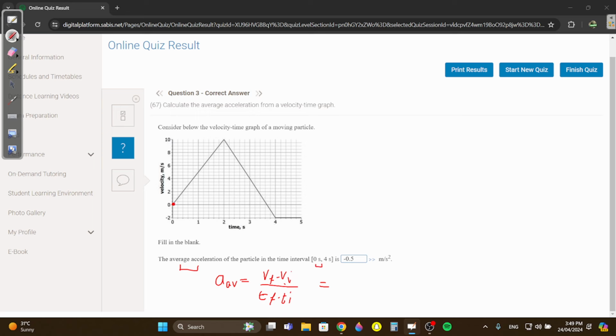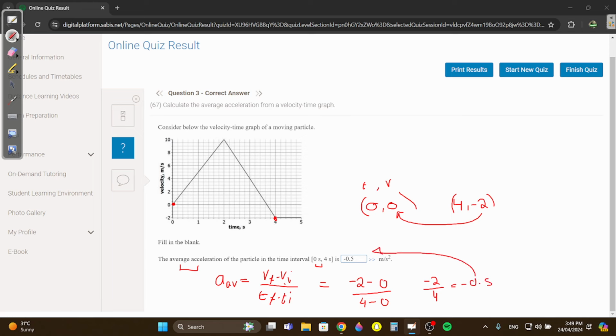At 0 seconds it's (0, 0), and at 4 seconds it's (4, -2). Just do final minus initial: -2 minus 0 over 4 minus 0, so -2 over 4 equals -0.5.